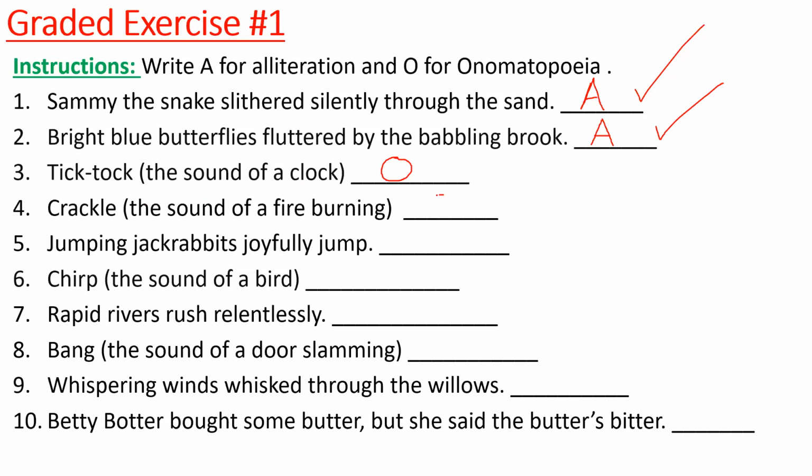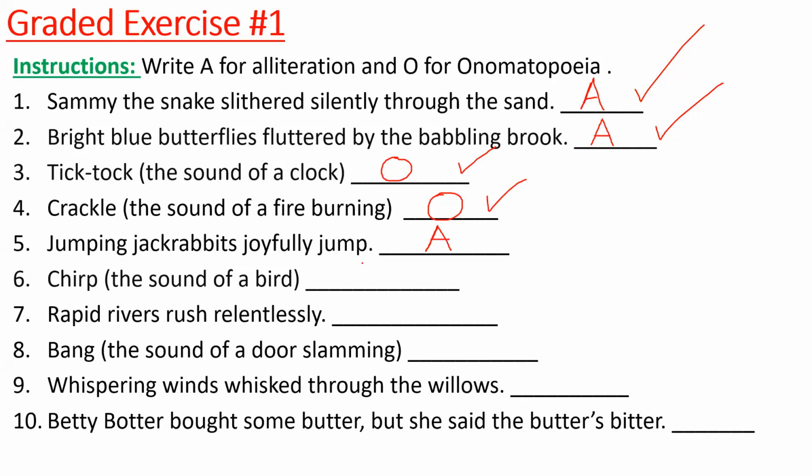That's onomatopoeia. And then jumping jackrabbits joyfully jump. What is that? A, alliteration. Very good. And then chirp, the sound of a bird. What is that?